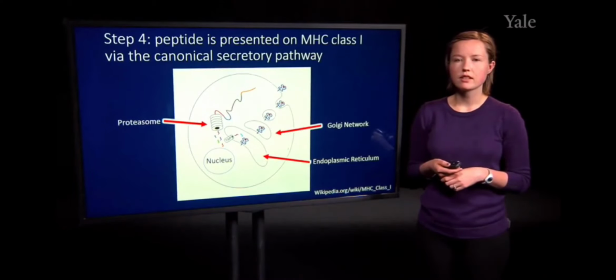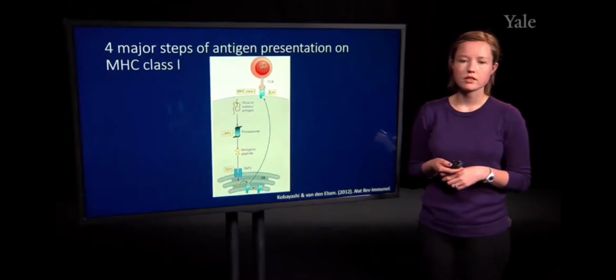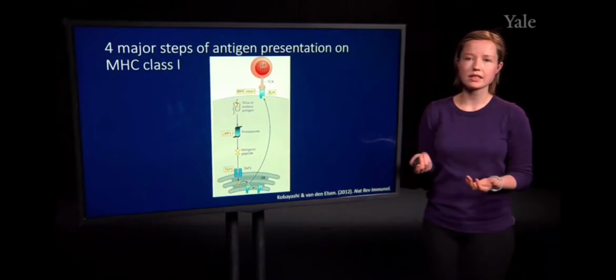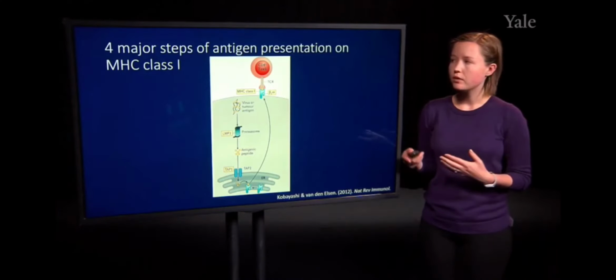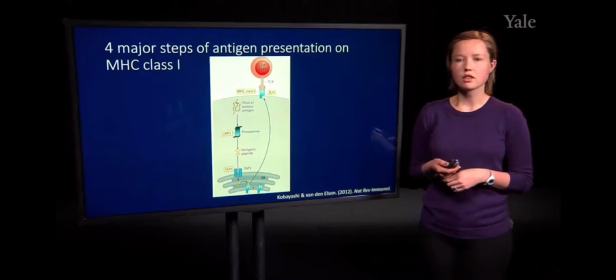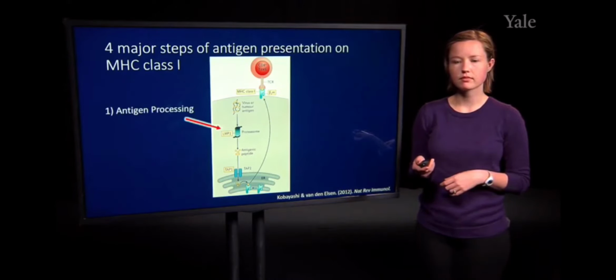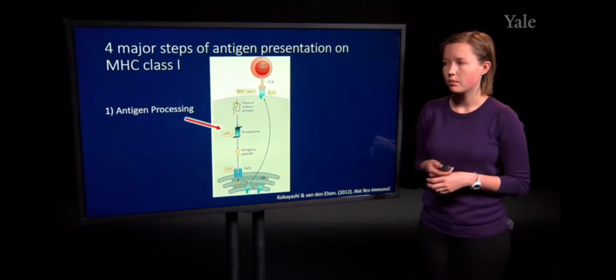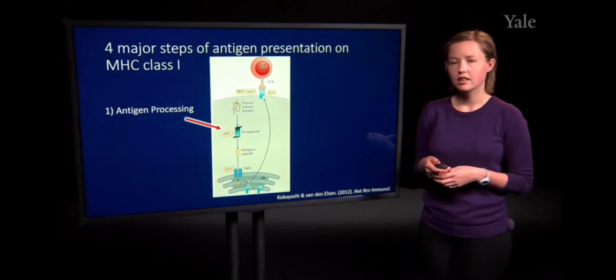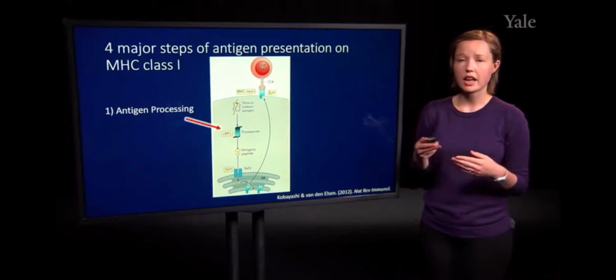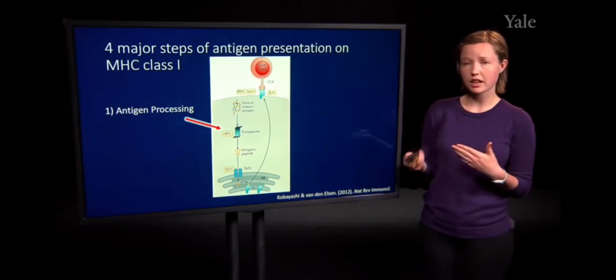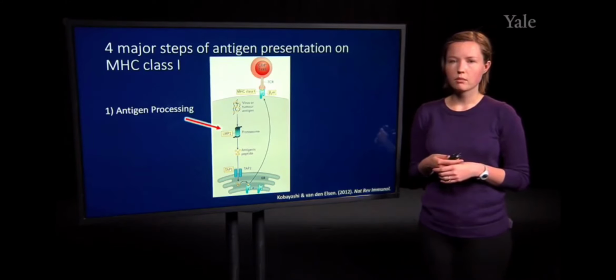So now that we have gone through how this actually happens, let's review the 4 major steps of antigen presentation on MHC class 1. So our first step was antigen processing. This is the process by which proteins are cleaved up into peptides by the proteasome in the context of the cytosol.